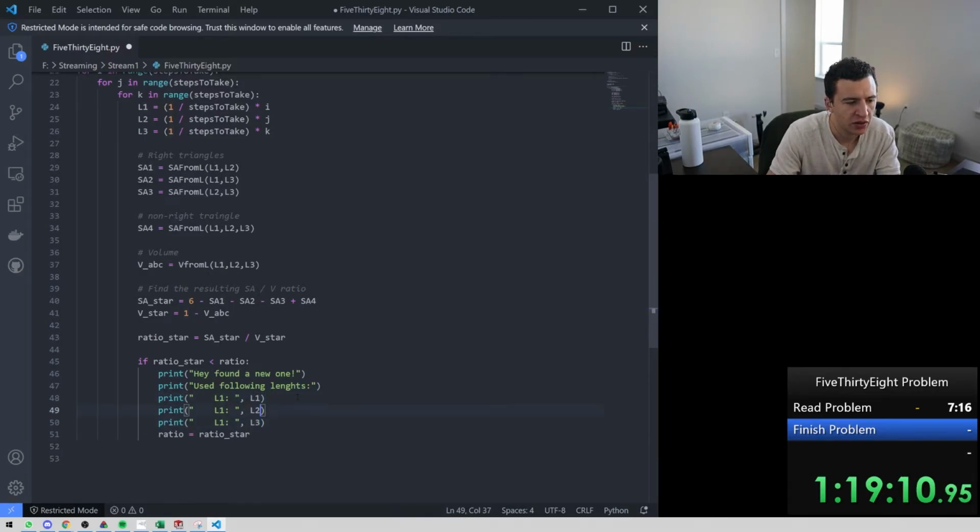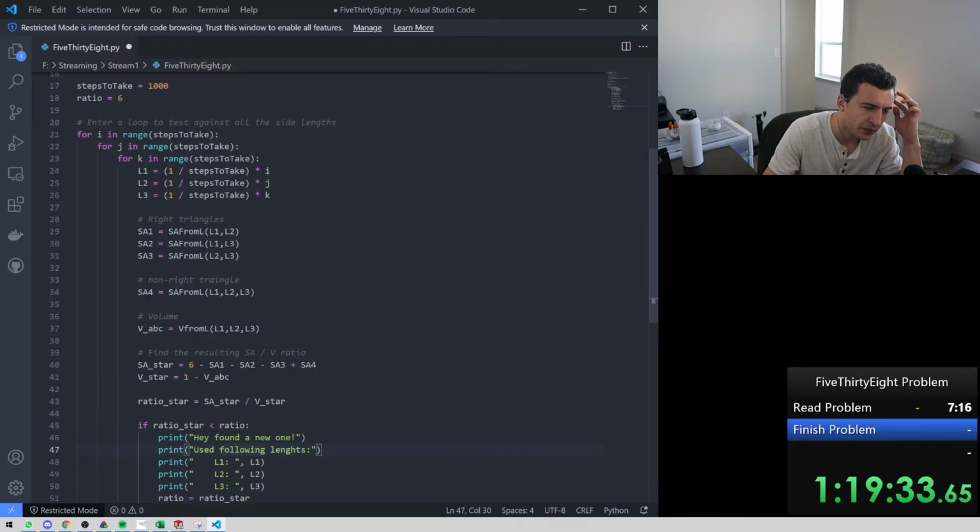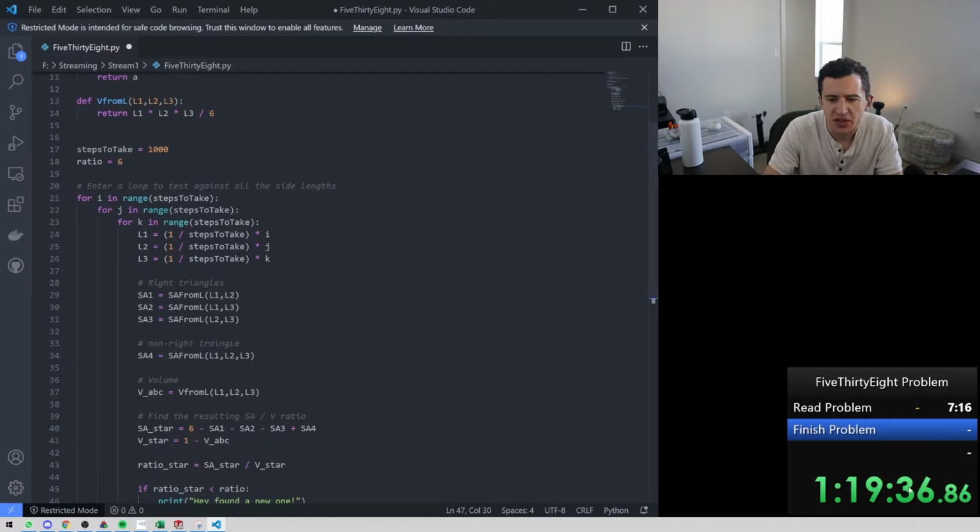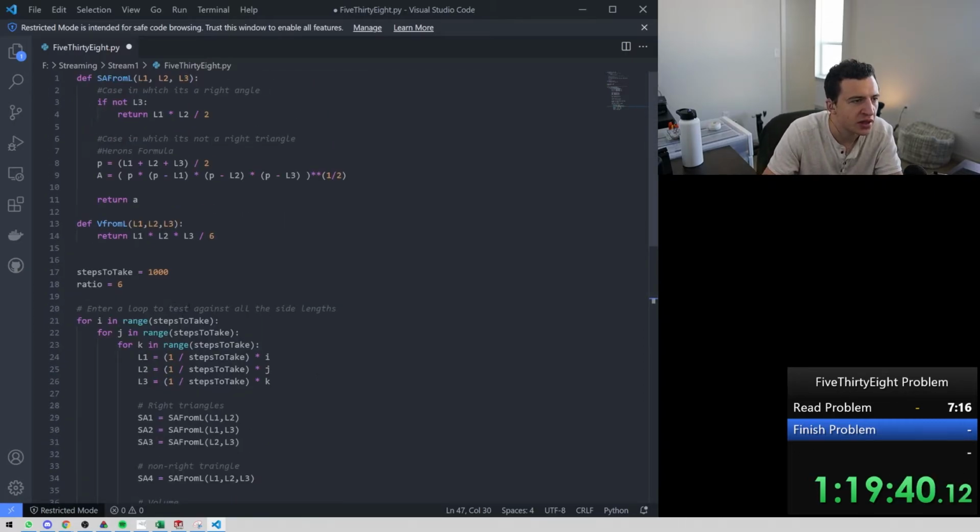All right, so this will be our little printout. It'll spam a bunch of stuff at the beginning because it'll be finding minimums quickly, and then it should settle out as it finds the best one. There are better ways to do this than printing to the console, but that's not why you came here. You came here to see it be speed run in less than 2 hours. So that's what we're gonna do.